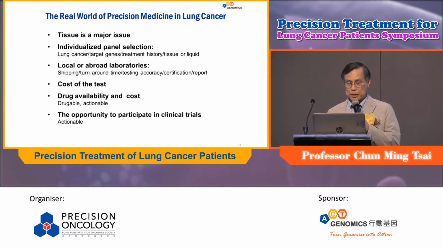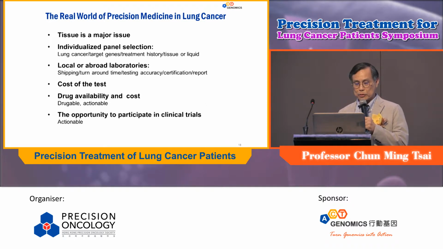Is it possible to get the tissue, or can we only have the liquid biopsy? And is the test company local or abroad? If we have to send a sample abroad, that takes time, and quality control is also a problem. And of course, cost of the test, drug availability and the cost of the drug, particularly in Taiwan.